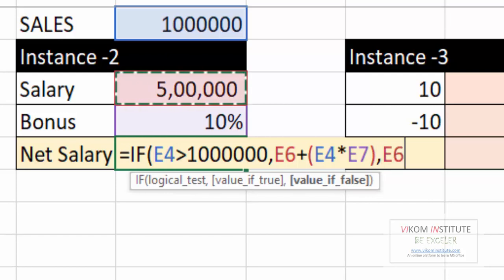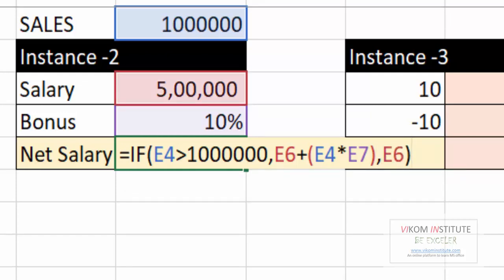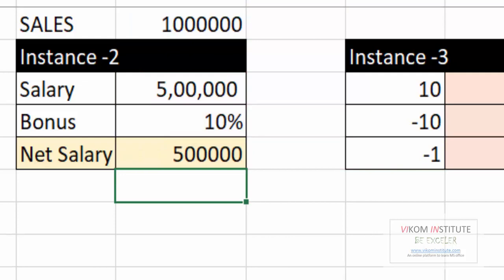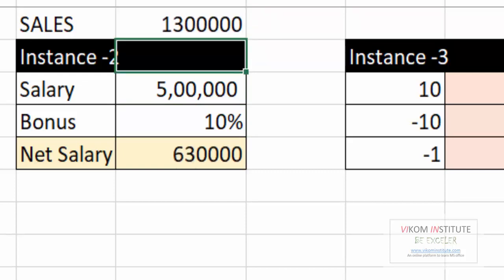So close the parentheses and enter. In that case, I have achieved only 10 lakh sales, so I am getting my 5 lakh salary. What if I achieve 13 lakh sales? Then my salary would be 6 lakh 30,000 in that year.